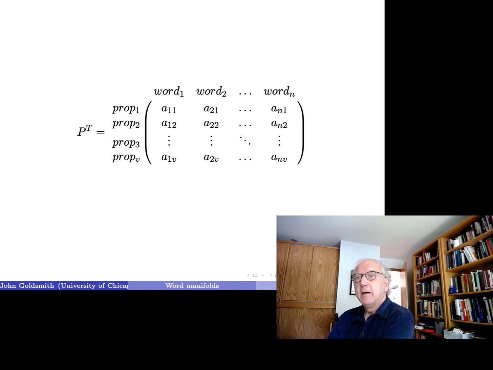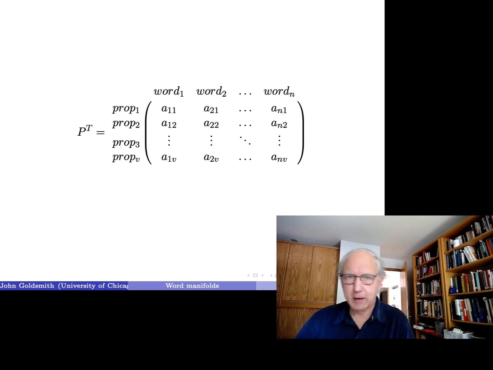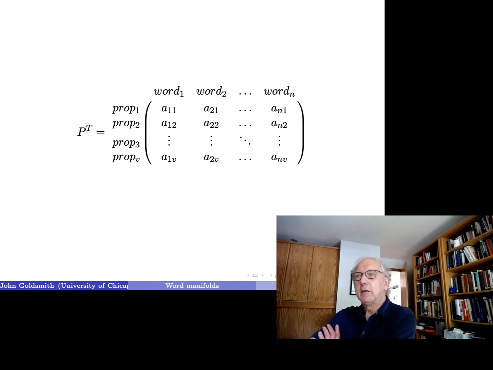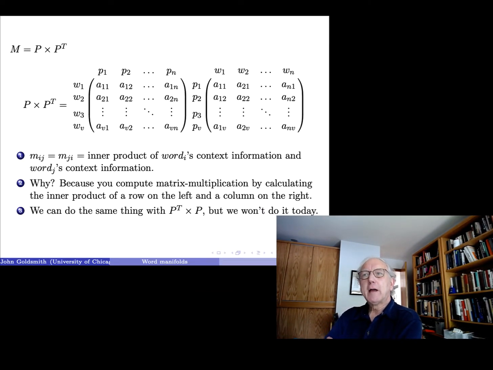Basically A_ij in the previous matrix will appear as B_ji, if this is B. That is to say, the ijth element in the first matrix, which was P, is the jith element in this matrix. Okay, so why do we care about the transpose? So that we can multiply the original P by P transpose in that order.